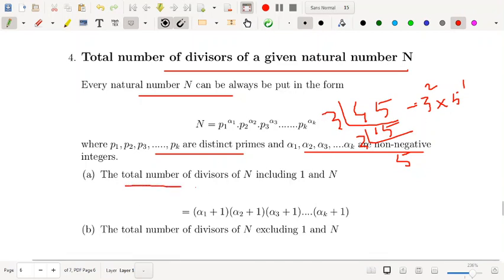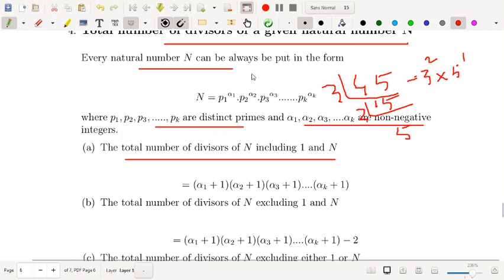Now the total number of divisors of n including 1 and n is the same as the previous concept. The 3's are identical, so you are selecting identical things. Your selection will be alpha 1 plus 1, alpha 2 plus 1, alpha 3 plus 1, and so on up to alpha k plus 1, including 1 and n. Remember, including 1 and n.